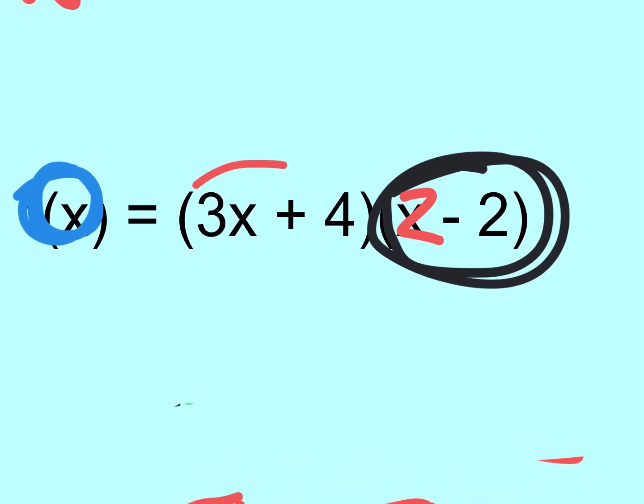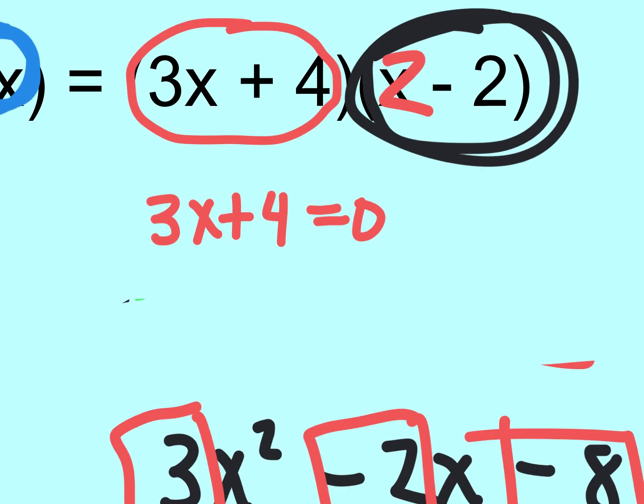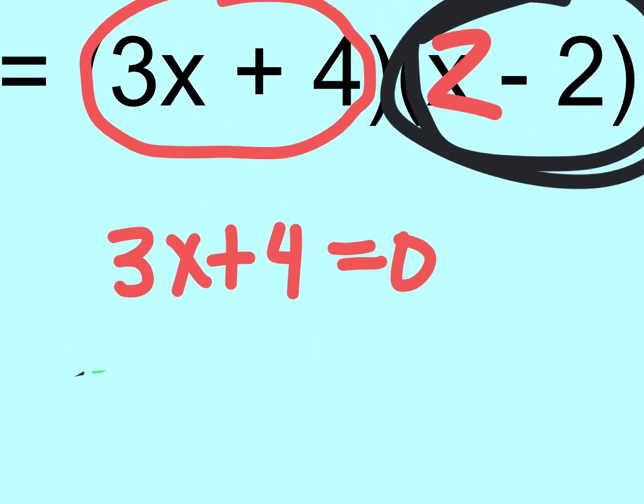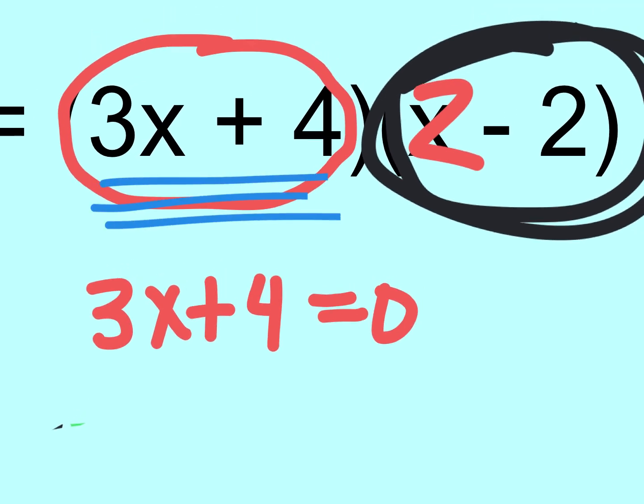And this part's harder. Then you'd write 3x plus 4 needs to equal 0. And then you got a two-step equation. I said there was going to be like 8 million two-step equations in this class. And here's another one. You set this equal to 0.